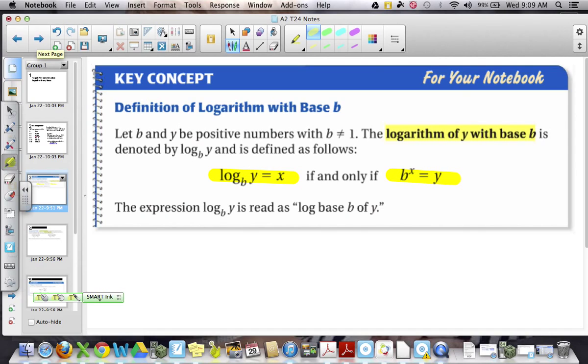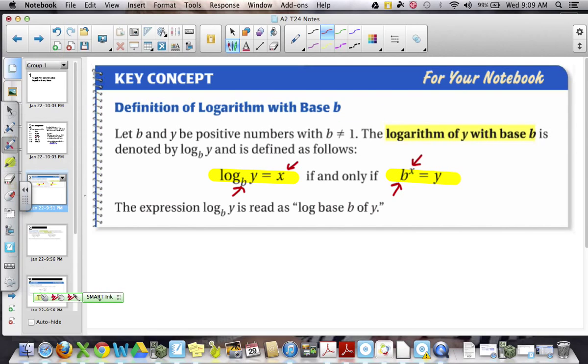It's either the base of the logarithm here, or it's the base of the exponential expression over here. x is the exponent. In an exponential expression, x is in the exponent. In a logarithmic equation, x is what the log is equal to. That's what I said before: a log is equal to the exponent. And then y is the value of the logarithm.